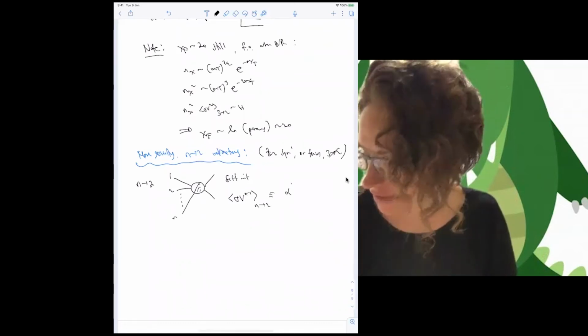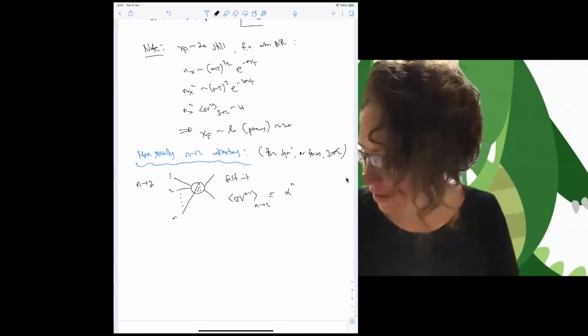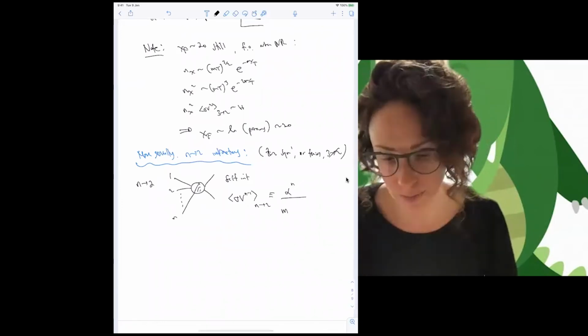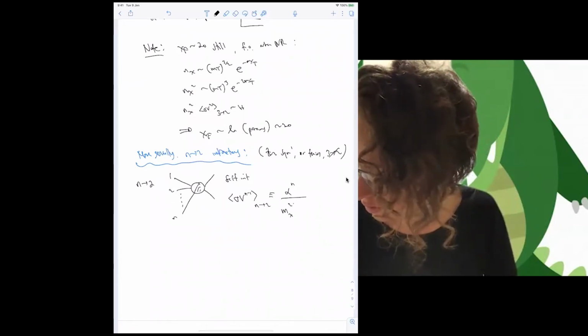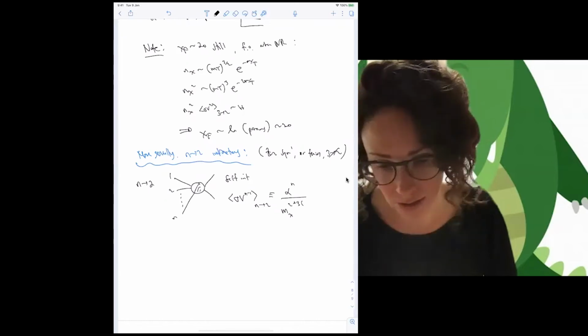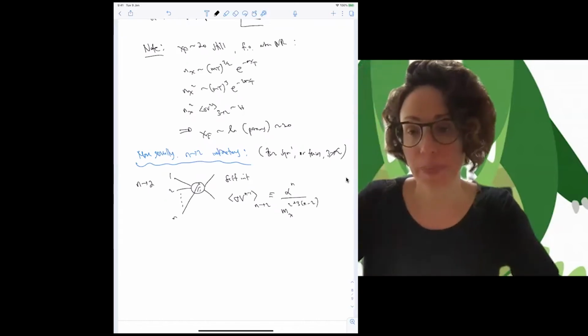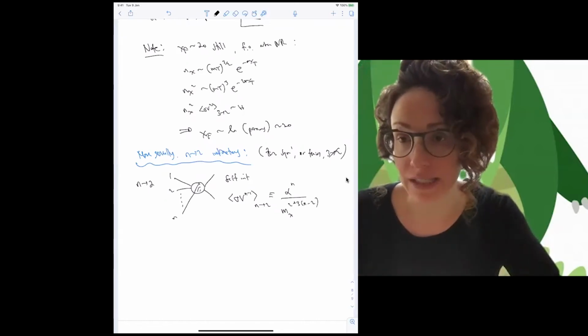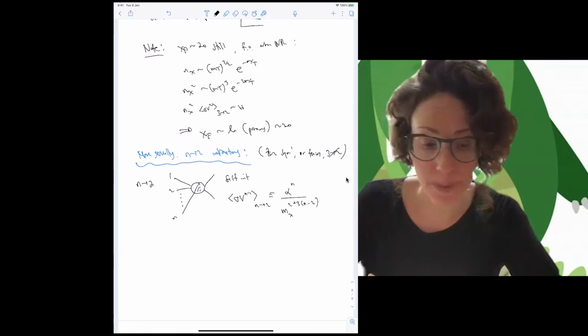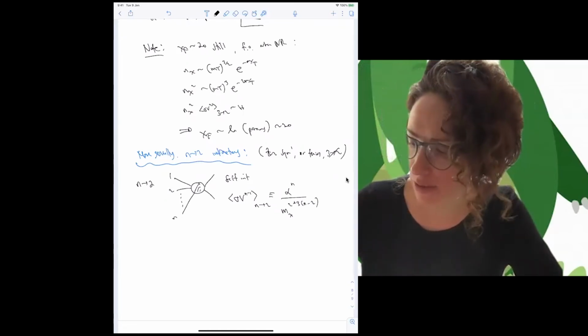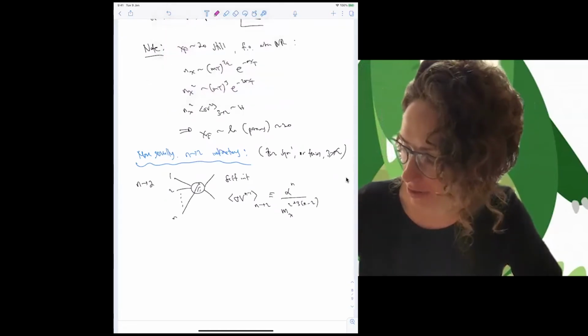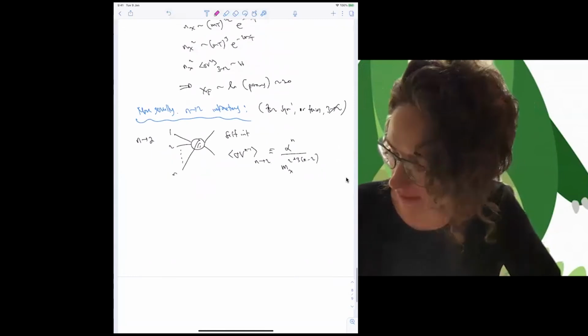And I define this as some coupling to the power of n divided by the mass of the dark matter to the power of 2 + 3n - 2. And now we're going to see how we get this type of parametrization. Okay, so let's use the trick that we've been using throughout, which is detailed balance. Okay, so let's see how.